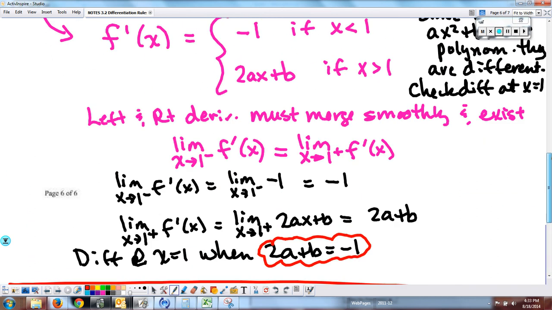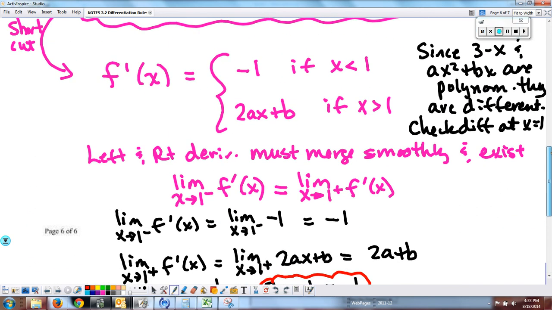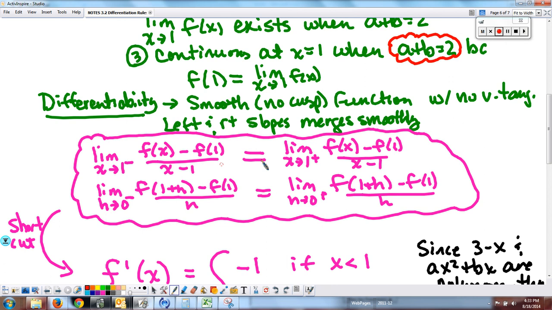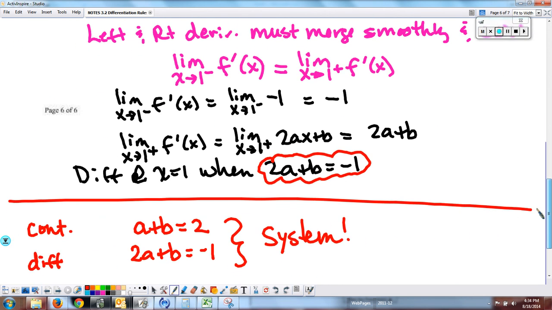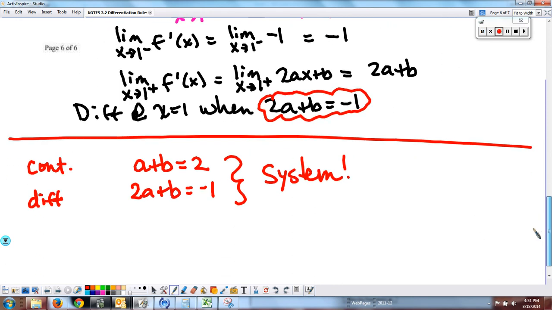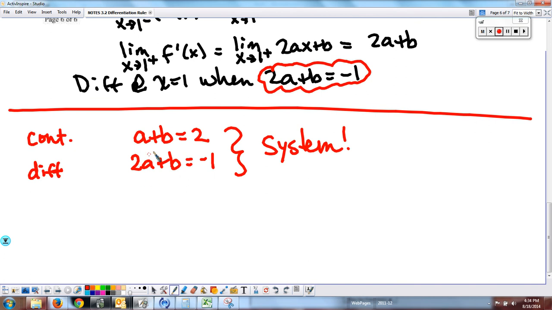So this part was much shorter, because all I really have to do is find the derivative of each piece and make sure they merge smoothly, which is look at the left and the right limit of the derivative. That's the shortcut. I don't have to do these limits the long way to calculate the derivatives. Now that I have my system, I'm just going to do a quick system solve. Let's multiply this by negative 1 and add it to that one.